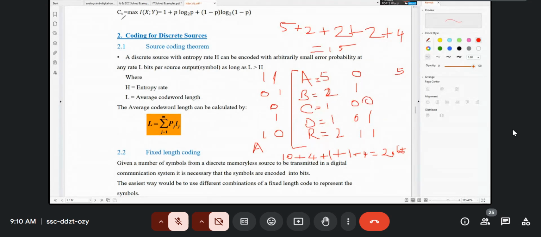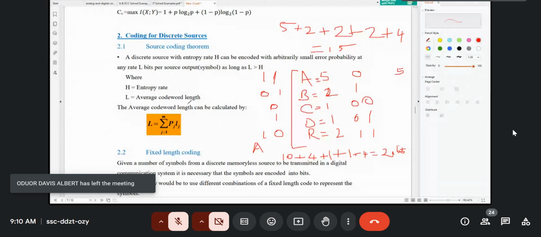So what you're going to look at today is algorithms that not only end up representing the more frequent ones with shorter bits, but also ensure that your code has a very important property which we call prefix free.